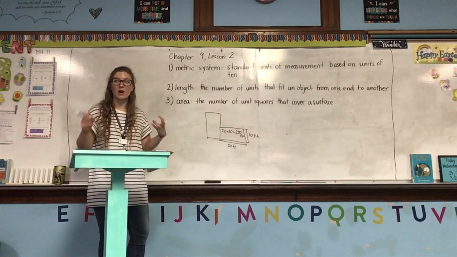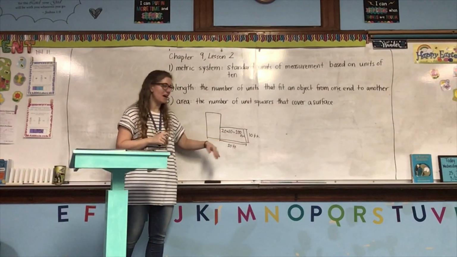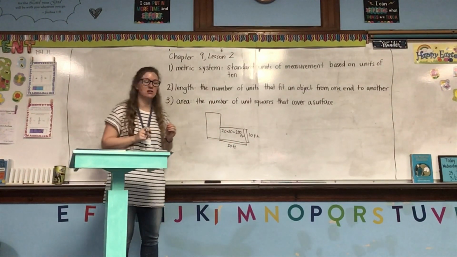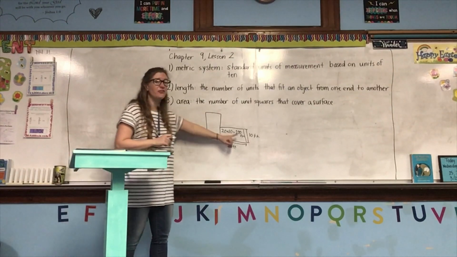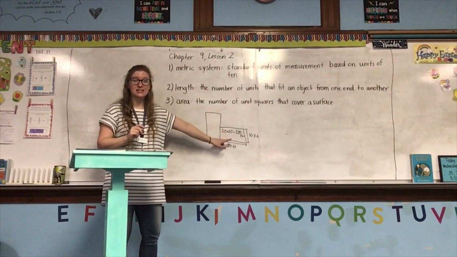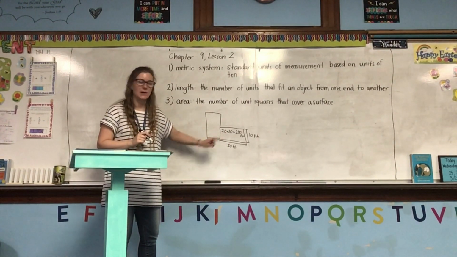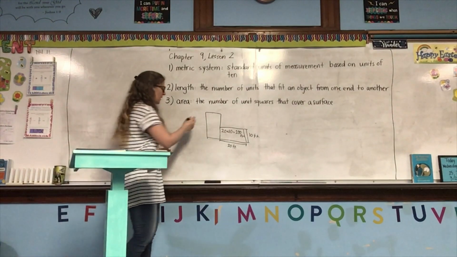Because remember, we're using square feet. That means 200 boxes that are each 1 foot on each side, 200 of them can fit. Now, that still doesn't tell us how much sod we need. That only tells us how much we need for this part. So now we also have to figure out this part.